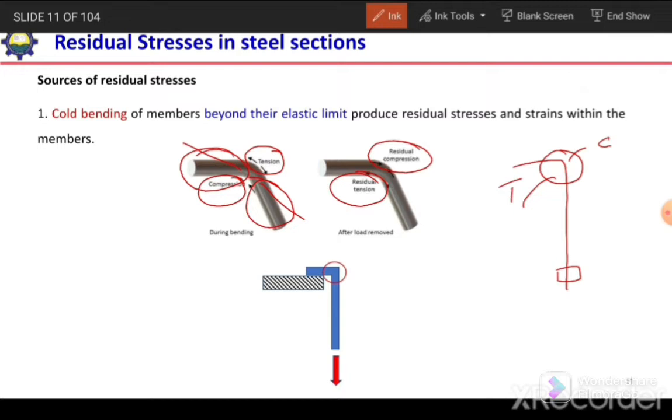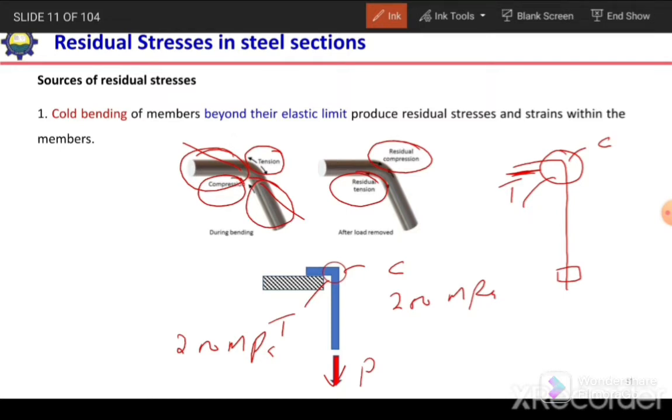If we use this J bolt in such a way that it is supported on this projected side, when we apply a tension load, tensile stress will develop on the inner side and compressive stress on the outer side. If because of this applied load P there is a stress of 200 megapascal, compressive and similarly tensile, there will also exist some residual stress, residual compressive as well as residual tension.